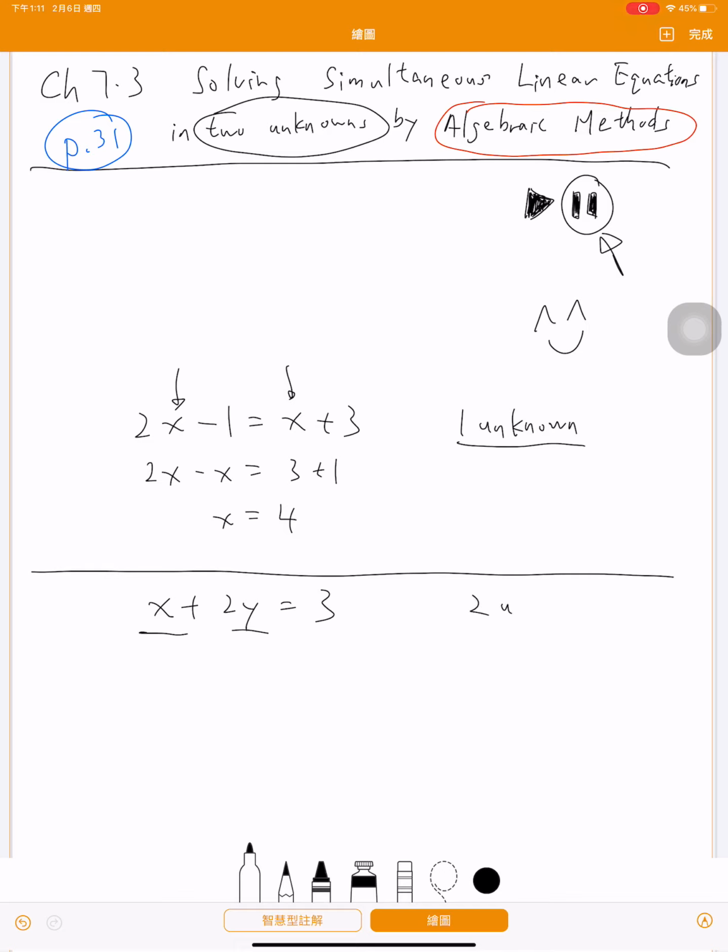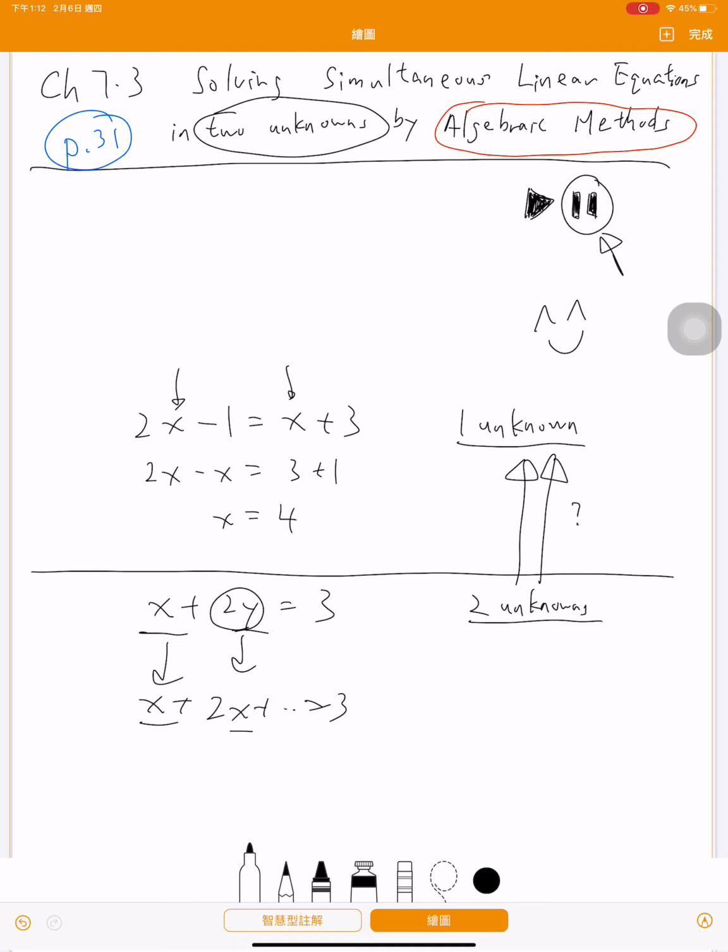If we can change the equations to one unknown, for example 2x plus something, again in x, then we can solve it, because with just one unknown we can go back to what we learned in Form 1. So how to change from two unknowns to one unknown is what we have to learn in this section.